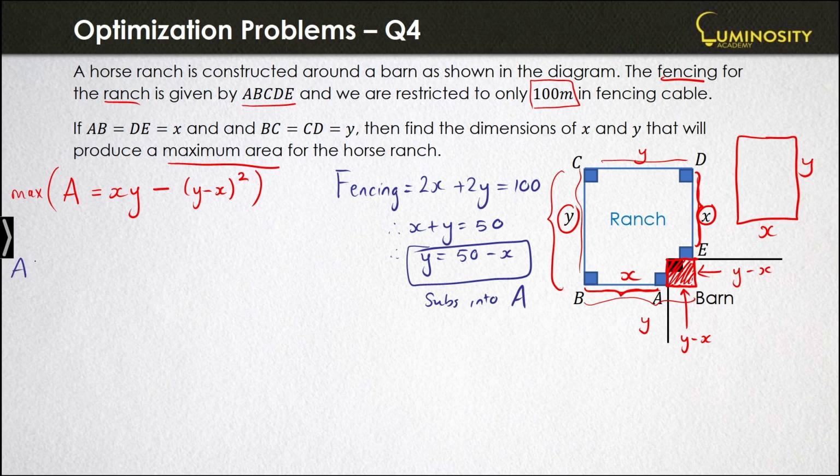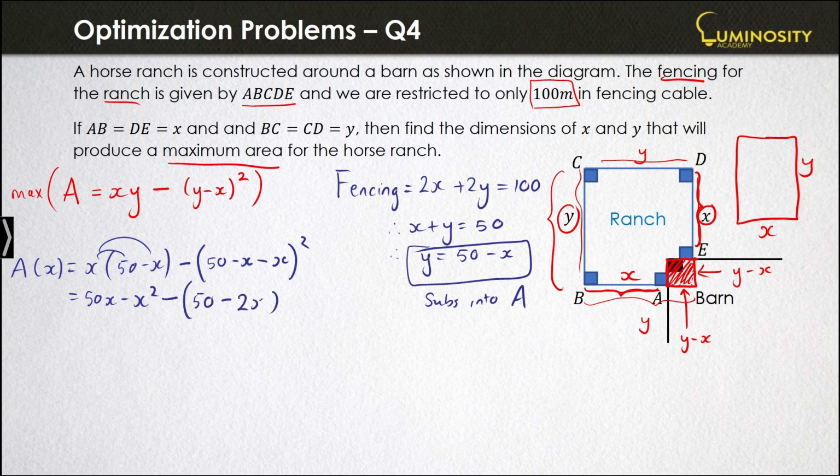So the area of X equals X times Y, which is 50 minus X, minus, inside the brackets, Y is 50 minus X, minus X, all squared. If I expand that out, that's 50X minus X squared minus, and inside the brackets it's 50 minus 2X, all squared, because negative X minus X is negative 2X.